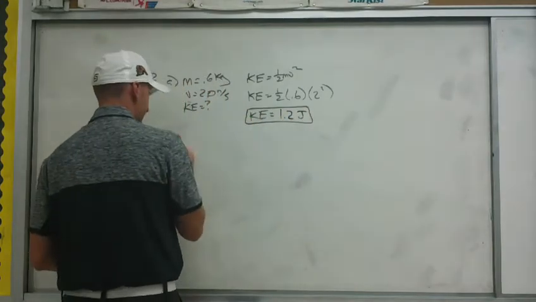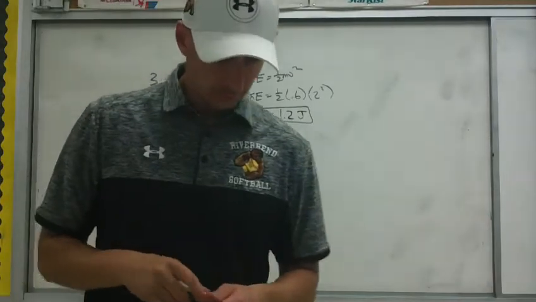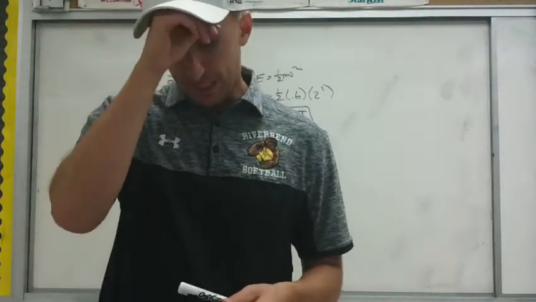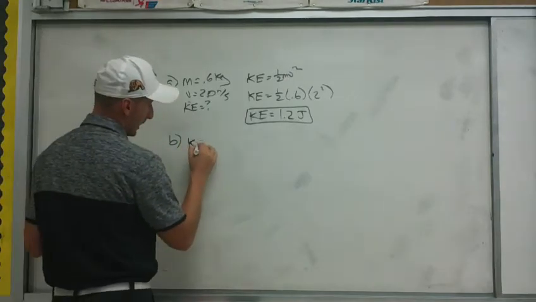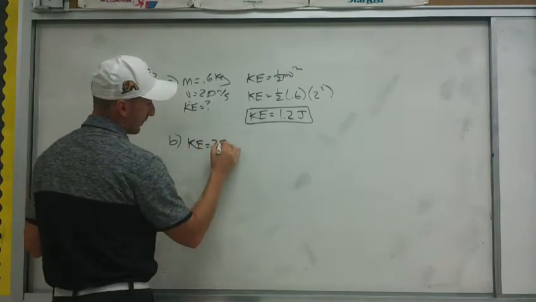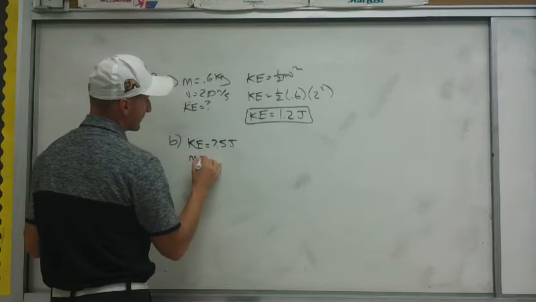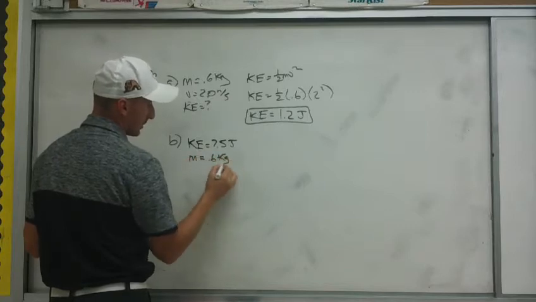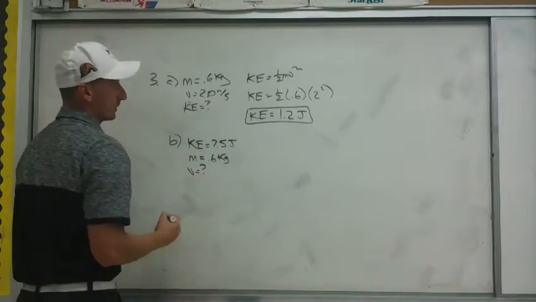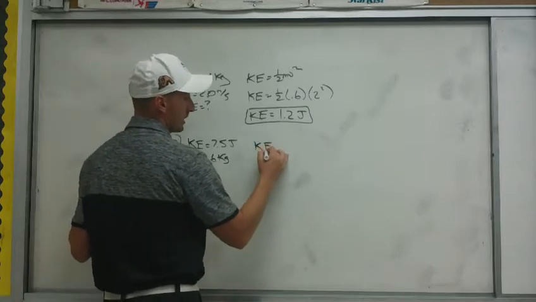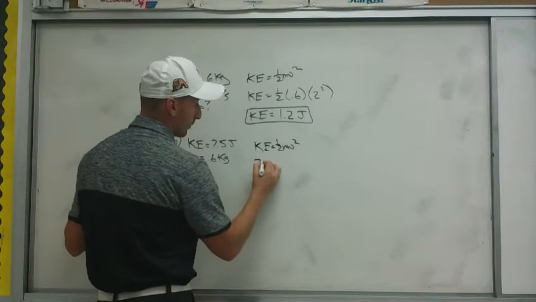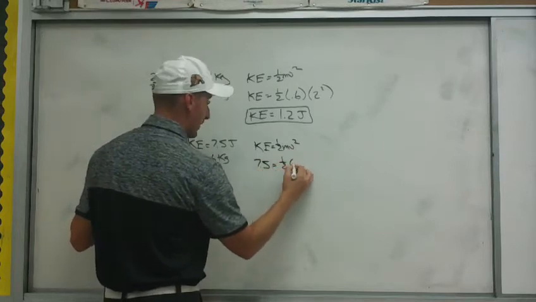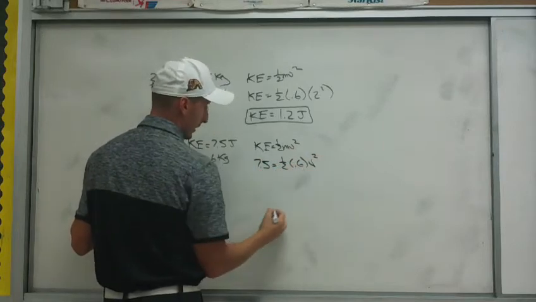All right, B says, what is its speed at B? Well, I know it has kinetic energy of 7.5 joules. I know the mass is still the same, 0.6 kilograms. I want to know velocity, so I use the same equation: KE equals 1/2 mv squared. KE is 7.5, 1/2, 0.6 v squared.